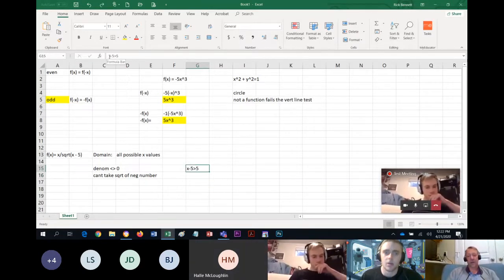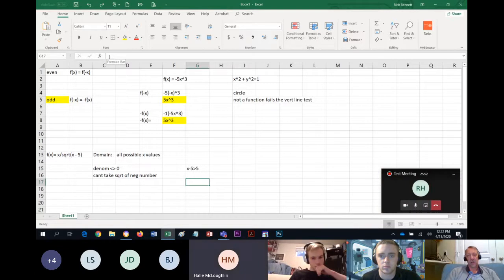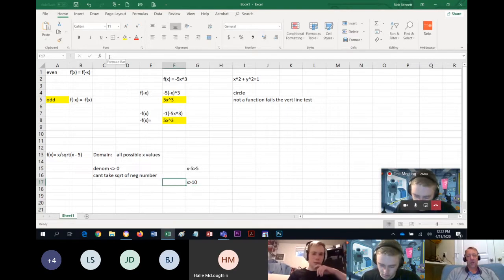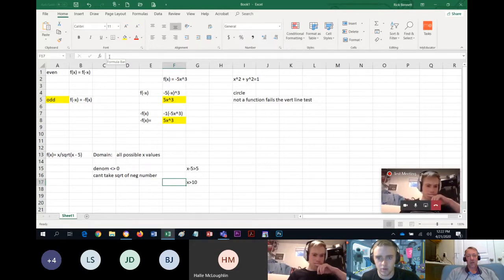So therefore, would you add the 5 and then say x has to be greater than 10? No, it's x has to be greater than 5, though, because you can plug in 6 and it will work.